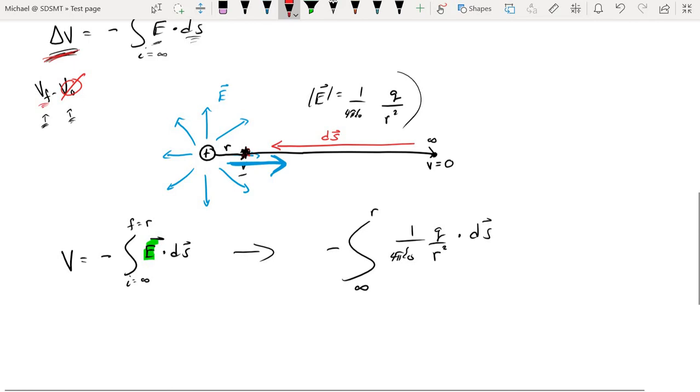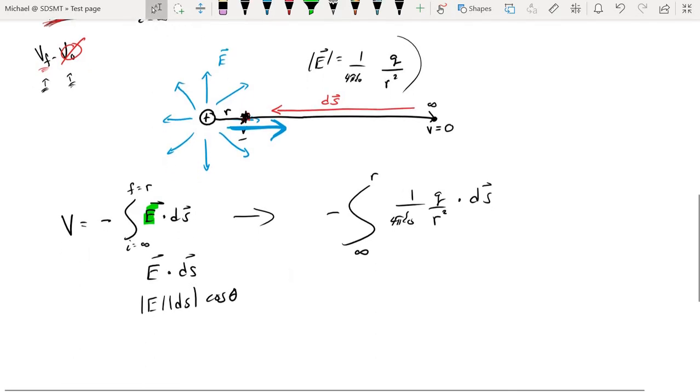So we need to put in a cosine relationship. We have E ds. So there's a cosine relationship between those two. And the angle relationship between those two is 180 degrees. And so we're going to get a -1 E ds.